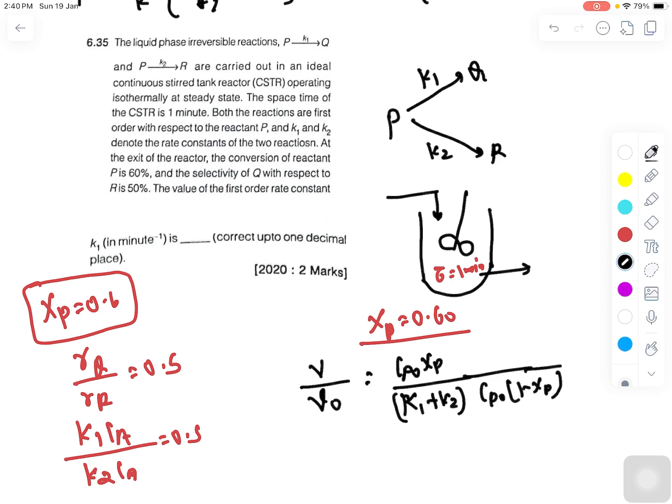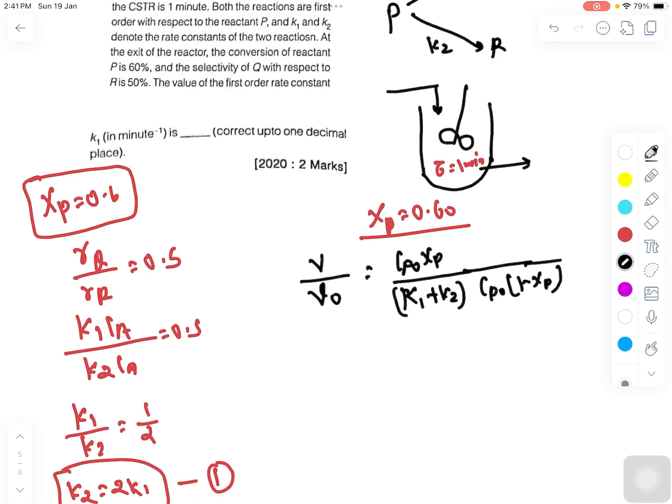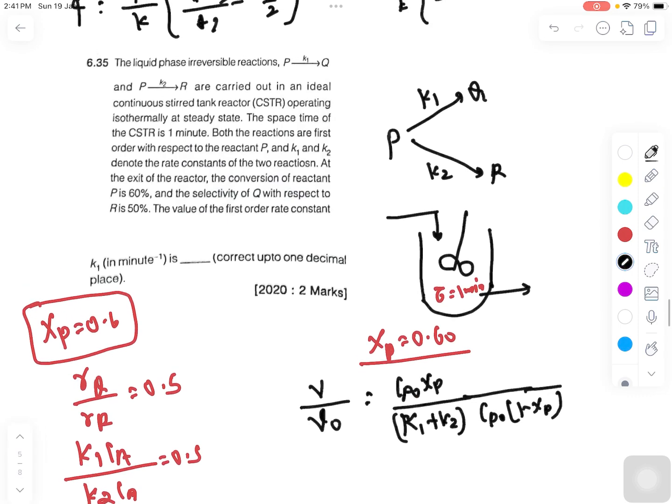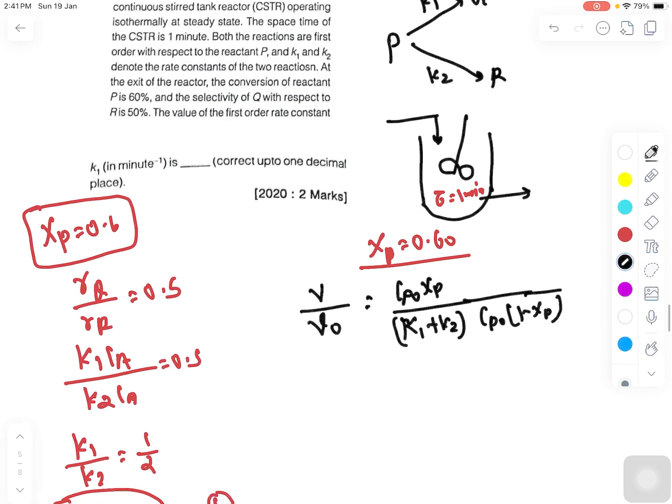Why? Because it is a first order reaction. So tau is given to you, that is 1 minute, that is equal to Cp naught will get cancelled out, and XP is given as 0.60 upon K1 plus K2 multiplied with 1 minus 0.60.